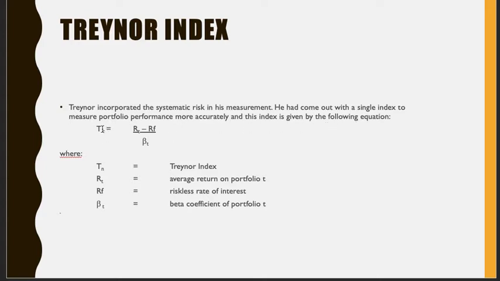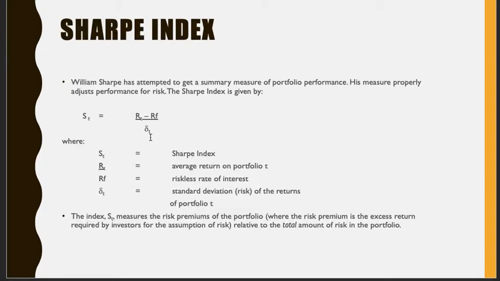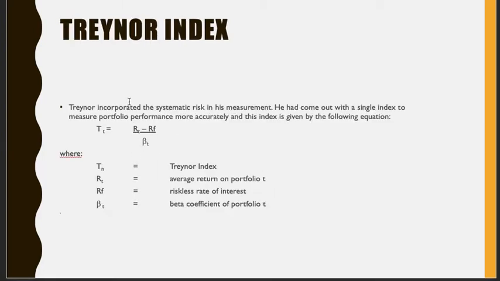The Treynor index is equal to expected return minus R_F, the risk-free rate, divided by beta. Here he uses the systematic risk; the beta represents the systematic risk. So that is the difference between the Sharpe index and Treynor. The Sharpe index is divided by the standard deviation, the total risk, but Treynor takes into consideration the systematic risk in his calculation of the index, or the performance of the portfolio.